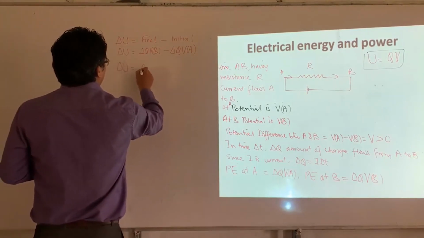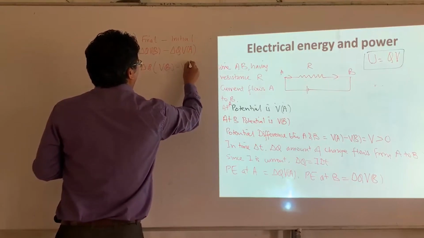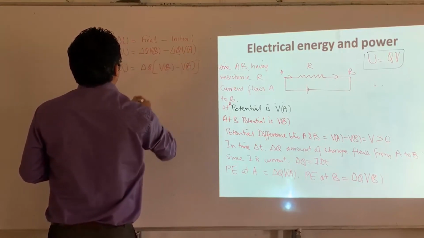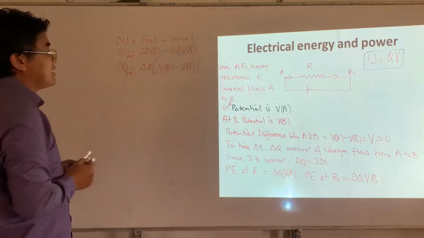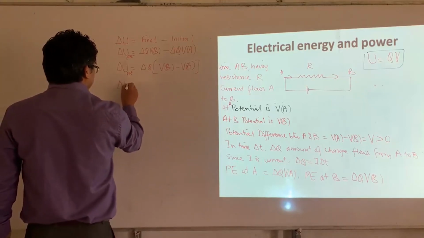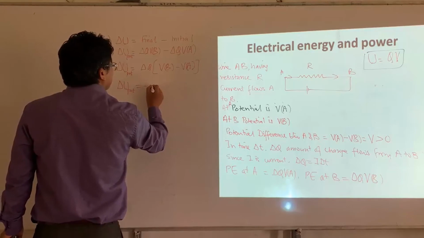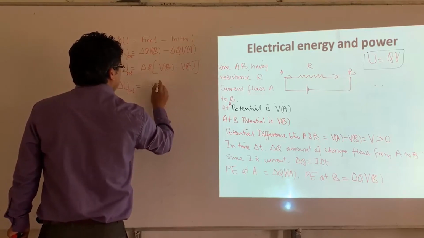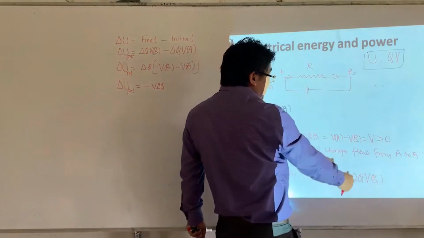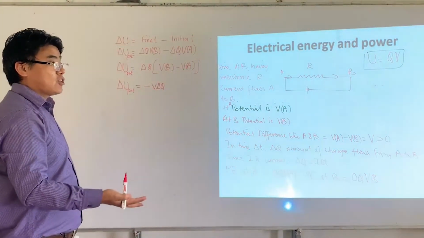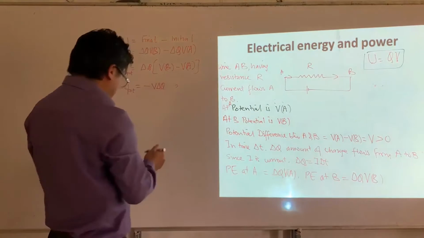So the change in potential energy is minus delta Q times (V of A minus V of B). V of A minus V of B is positive because V of A is greater than V of B. This minus sign is very significant.